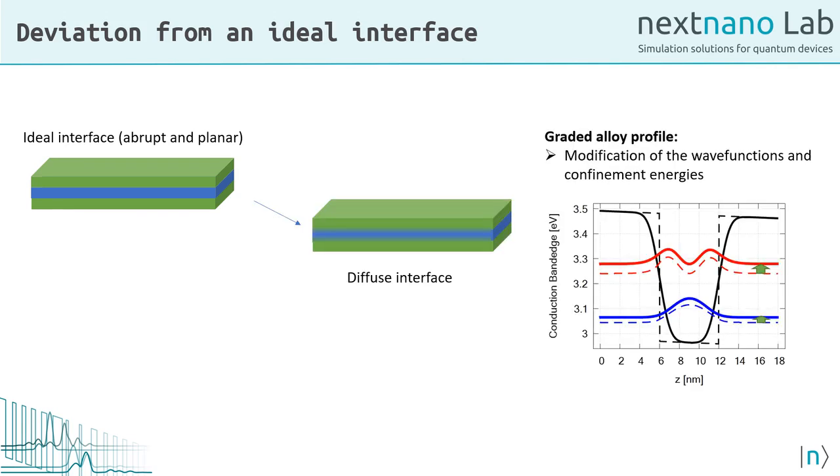On the other hand, a diffuse interface or a graded interface means that the interface is not abrupt anymore, but in this case we can still model the interface as in-plane invariant.